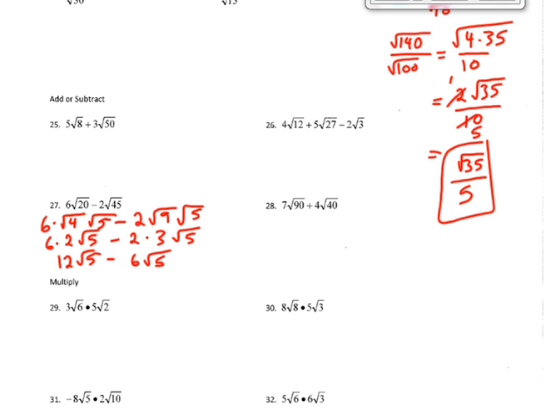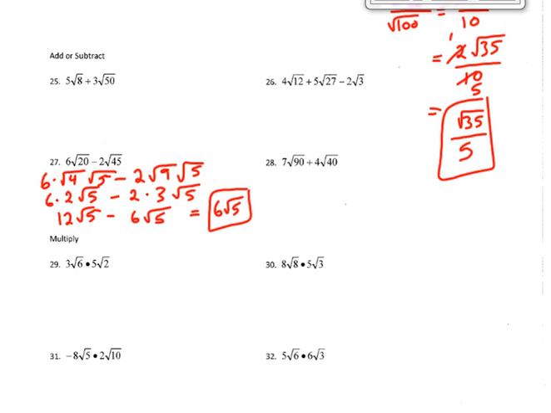And now I've got those two radicals are the same, so 12 square root of 5 minus 6 square root of 5 gives me 6 square roots of 5. And so adding and subtracting, they have to have the same exact radicals in order to continue with them.